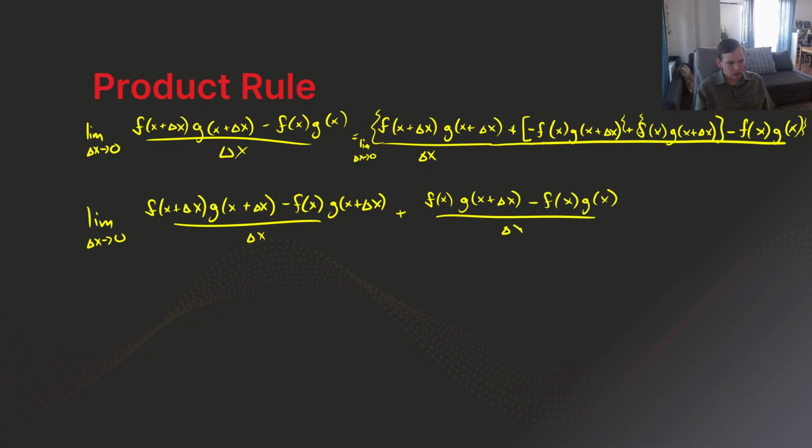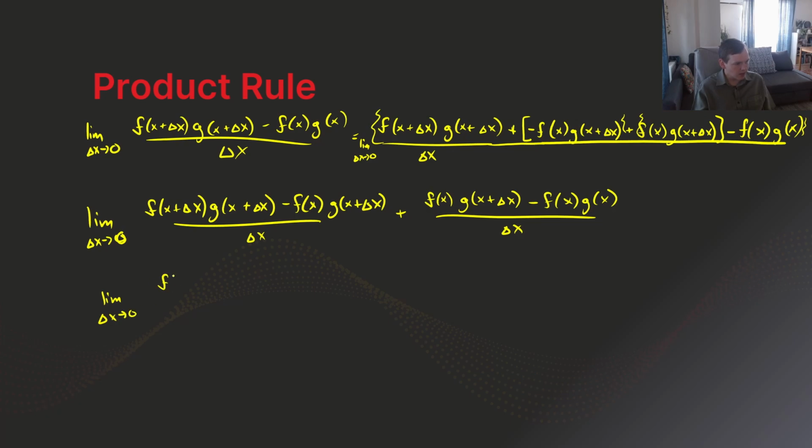Now, if you followed the proofs we've done before, and if you're looking at this, you might see where we're going with it. But on this first one, I'm going to factor out g of x plus delta x. And on the second, I'll factor out f of x.